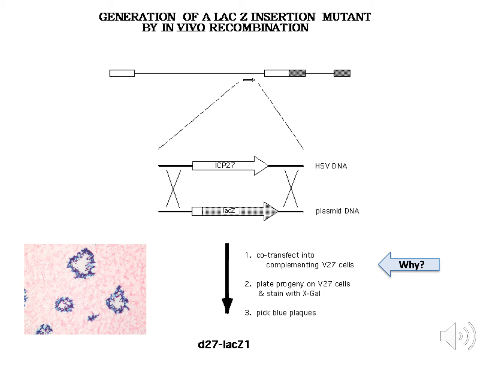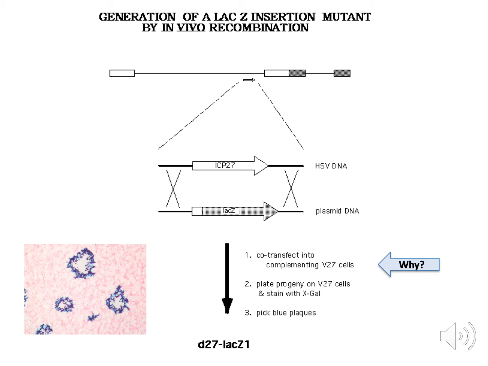And so you can see in this image that it maps to a certain part of the viral genome. The genome is shown up on top. And what he did was make a piece of plasmid DNA that had homology to the ICP27 locus on the 5' and 3' ends of this piece of plasmid DNA.